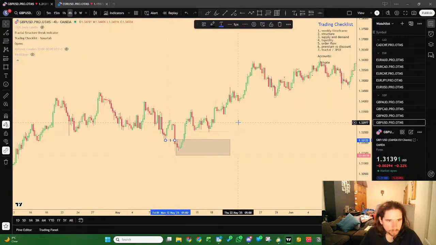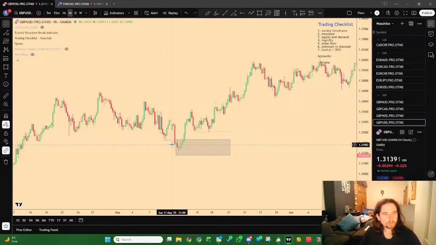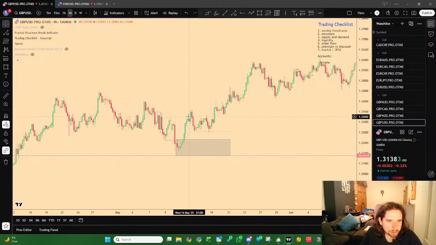So that's number one. You've taken liquidity within the area of supply and demand, you've broken structure, so that's your second point. And your third point is there must be liquidity just above or below the area of supply and demand.